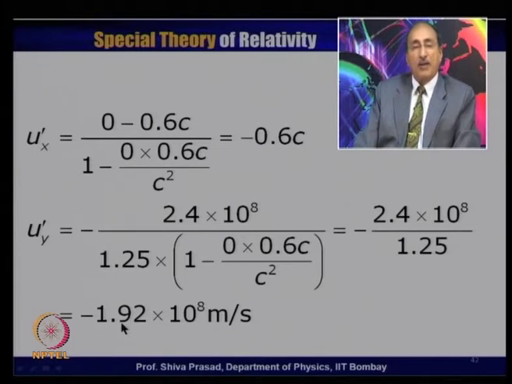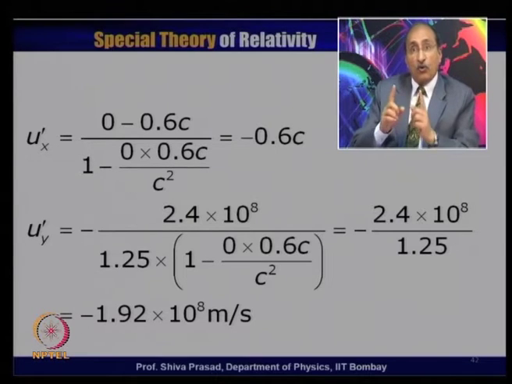I will get uy prime as minus 1.92 into 10 power 8 meters per second. So, according to the observer in the train, the S prime observer, the particle has not only a y component, but it also has an x component, which is even in classical mechanics obvious.